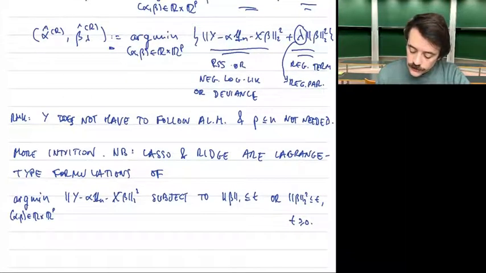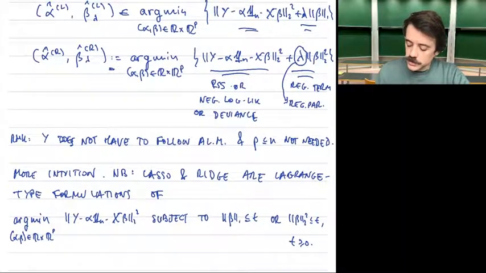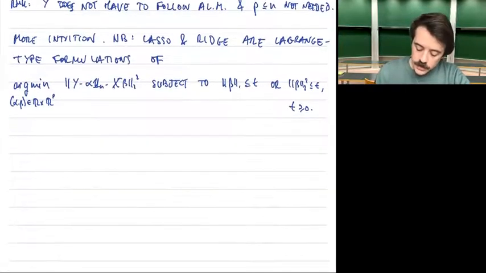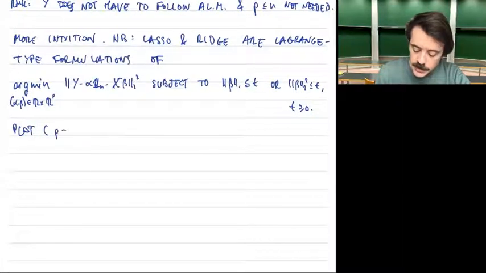So what this new formulation allows us to do is really to get intuition through a plot. So let's plot, and this is going to be for p equal 2.